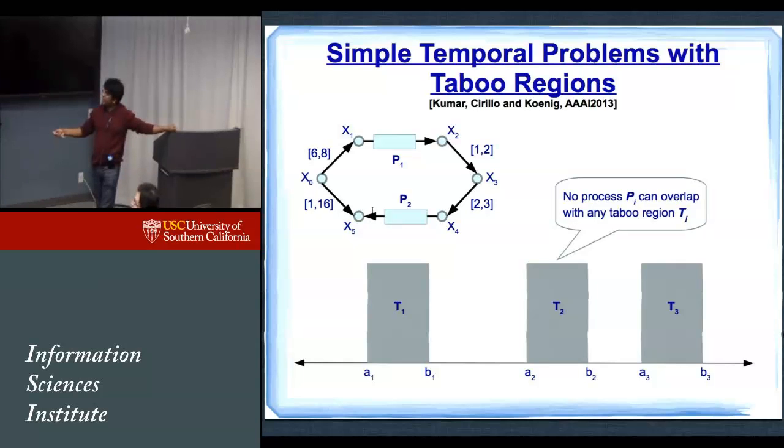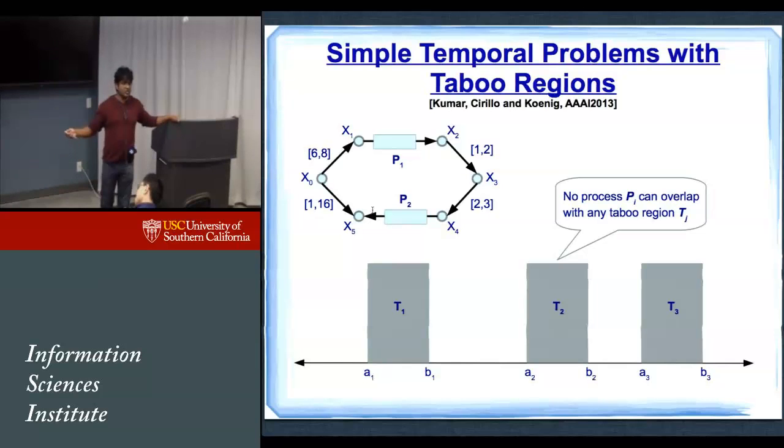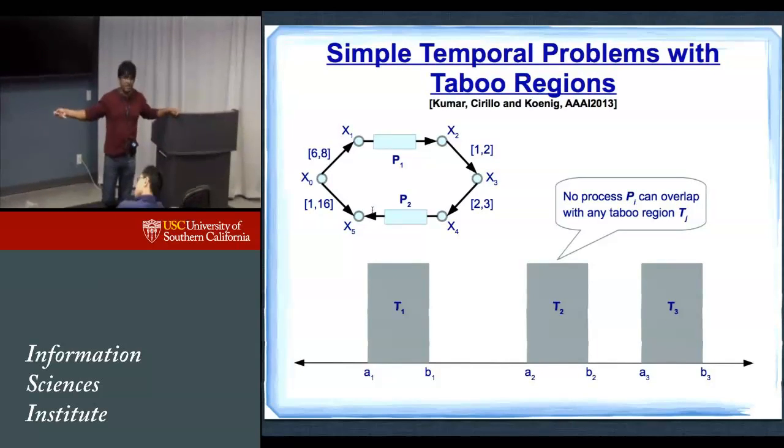And now on the timeline, you're also given certain taboo regions in your time where nothing can be scheduled. So no event can be scheduled in that region, neither should a process overlap with the taboo region. Taboo regions could come about because of certain maintenance periods that you have to respect, or maybe periods of low battery power where you would better be recharging yourself than executing a task.